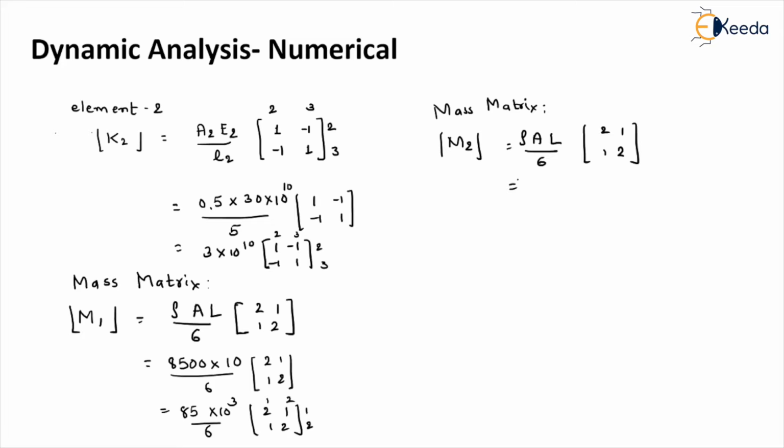Putting all the values for element number 2, we have 8500 times 0.5 times 5 divided by 6 times 2 1 1 2. If we calculate this, we will get 85 into 10 raised to 3 divided by 24 times 2 1 1 2.